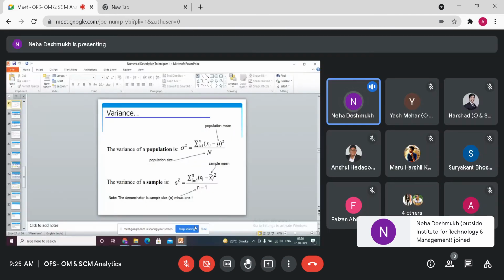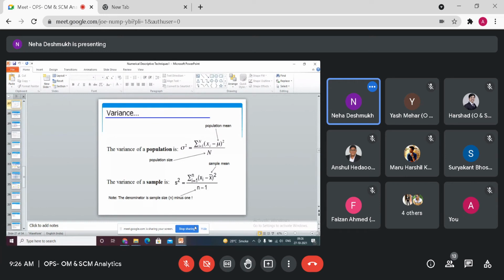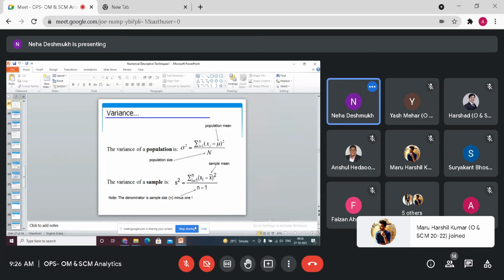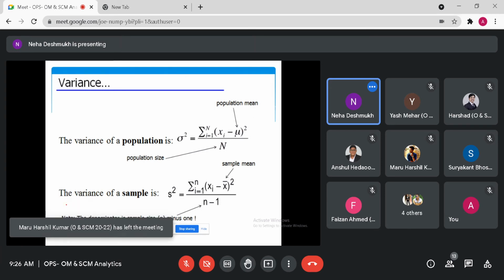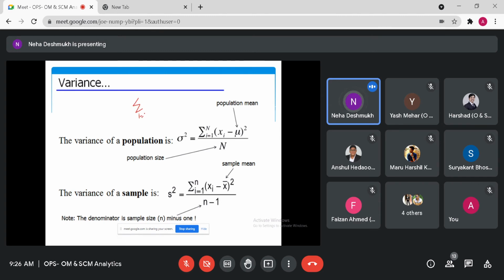Note down this formula. Summation i equal to 1 to n xi, what does it mean? x1 plus x2 plus x3 up to xn. Mu is the mean for population.